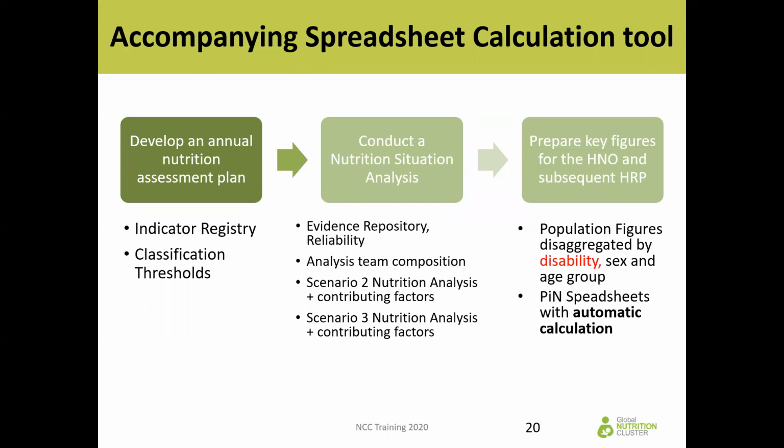And just lastly, keep an eye out for the JIAF addendum that will accompany this guidance. It's already in draft form, and in the coming weeks it should be released to further provide information on what would be the nutrition contributions for the intersectoral analysis that was described extensively by Marcus. I think that's it on my end.